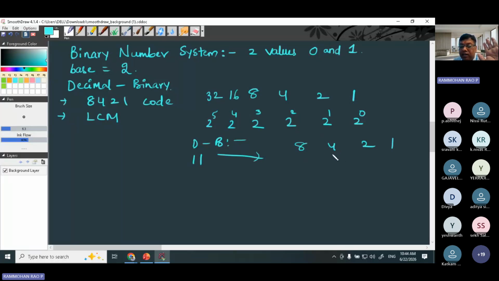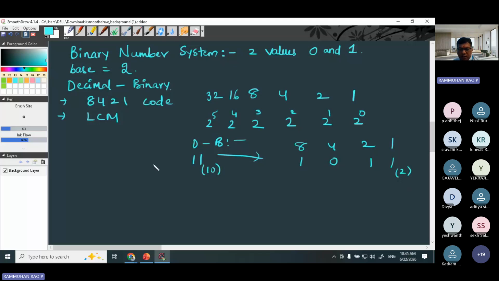So I can't add 8 and 4. 8 plus 2 is 10. 10 plus 1 is 11. So the positions that can be added to get 11 are 8, 2 and 1. In those positions, write 1. In the remaining positions, write 0. This is the binary code of 11. What is the binary code of 11? 1011. So we will write like this: 11 base 10, 1011 base 2, decimal and binary.